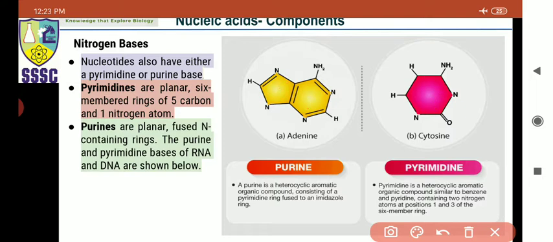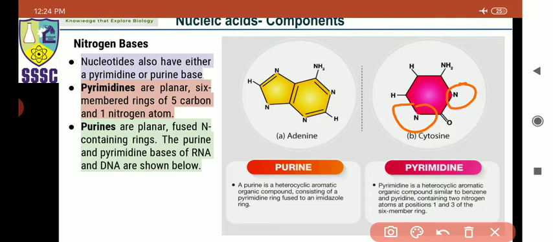Pyrimidines are planar 6-member rings of 5 carbon and 1 nitrogen. I think that is a mistake. There are 2 carbons, 2 nitrogens, and a 6-member ring.